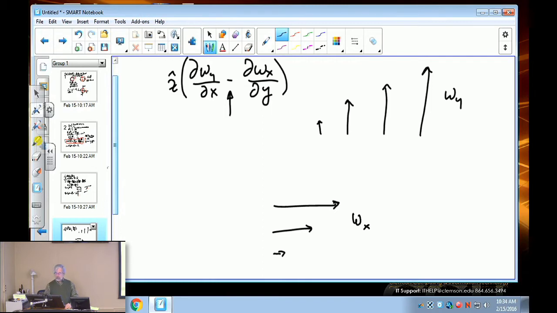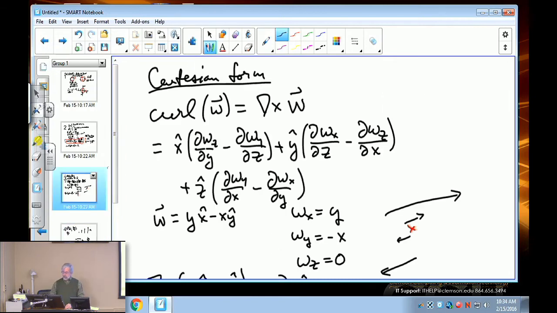And so that's why we're looking at the change in the y component along x, or the change of the x component in the y direction. Okay? And other terms like the change of the z component in the y direction, or the change of the y component in the z direction, would give you a curl perpendicular to the x plane. And the same thing, if we have a change in w sub x, the x component with respect to z, or the change of the z component with respect to x, that would give you a curl in the y plane, in other words, the xz plane.